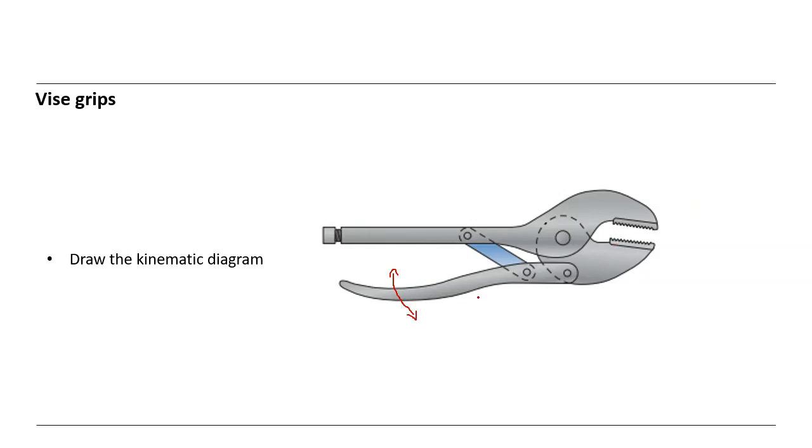So we can assume that this is a fixed part, and in this fixed part we have one pin joint, as you see here, and here also another pin joint. And here we have a pin joint, and here also a pin joint. There is no slider joint here.